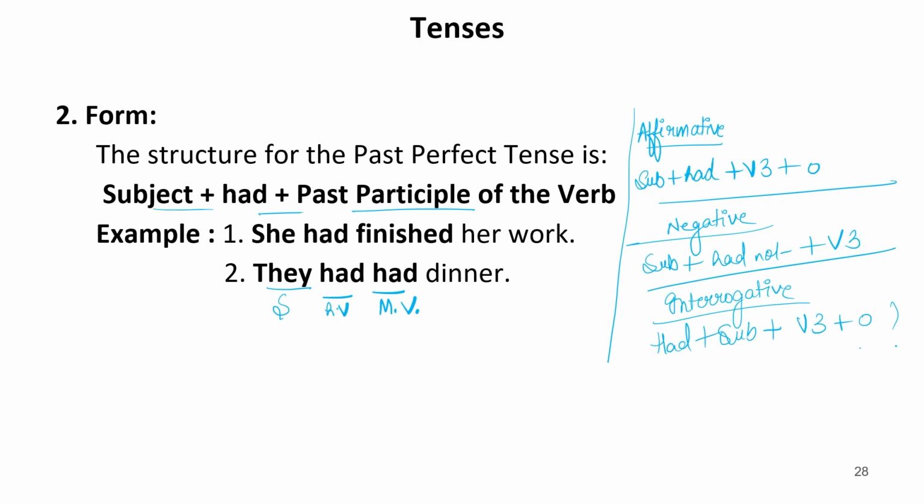Whenever we have breakfast, lunch, or dinner, we use have lunch, have dinner, have breakfast. So that have shows the main verb to consume these meals. And the third form of have is had. So we write had dinner, had breakfast, and so on.